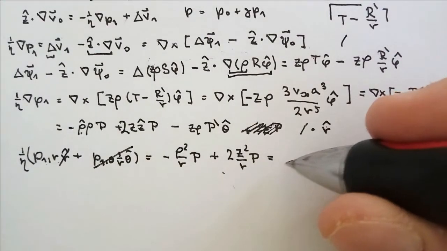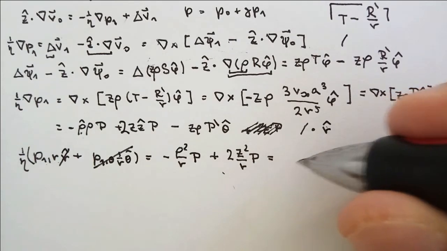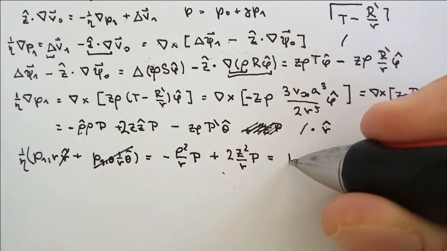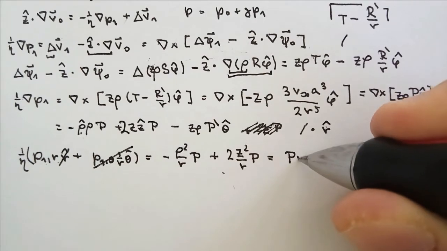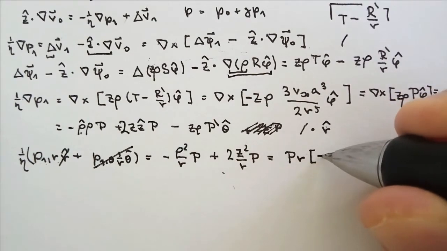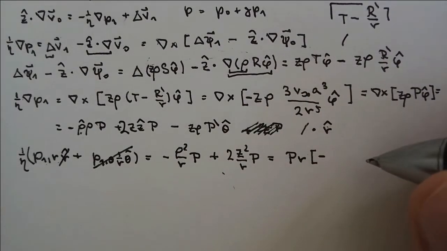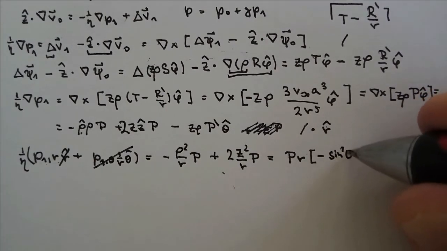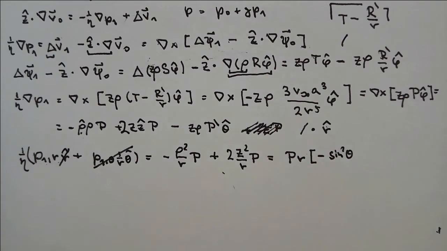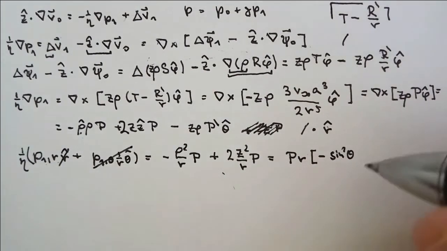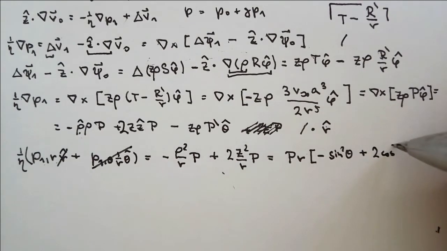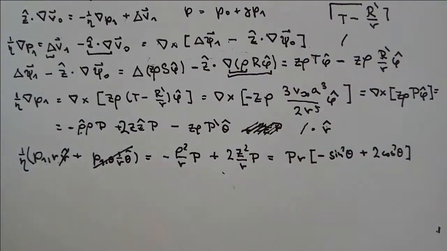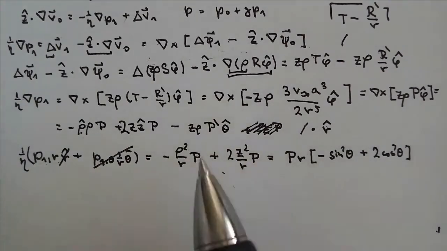So it is going to be P times R times minus sine squared theta, plus 2 times cosine squared of theta. These are the 2, and yes, it's correct.